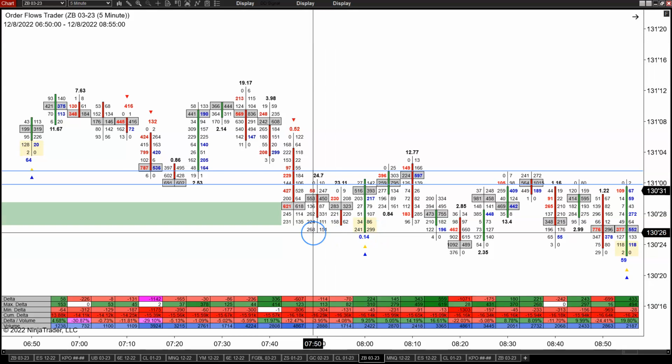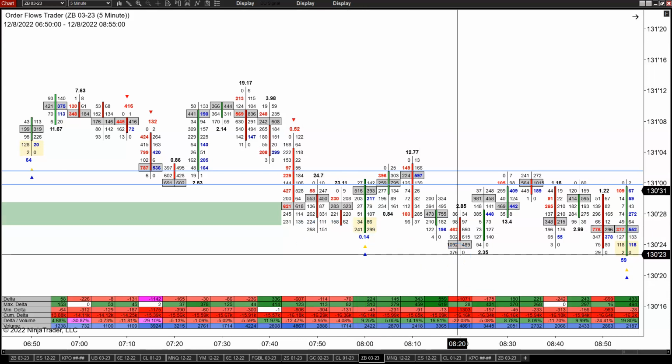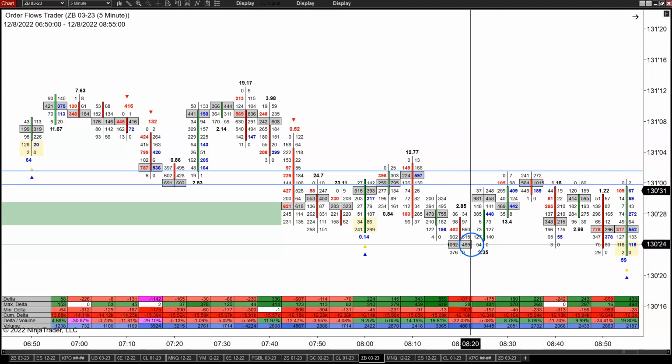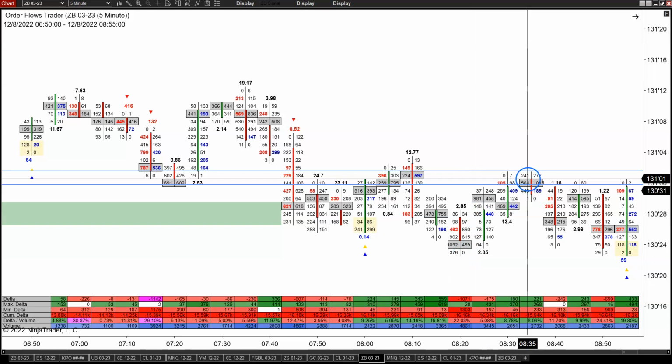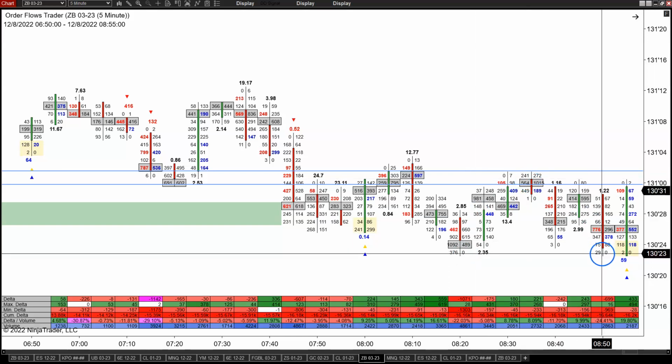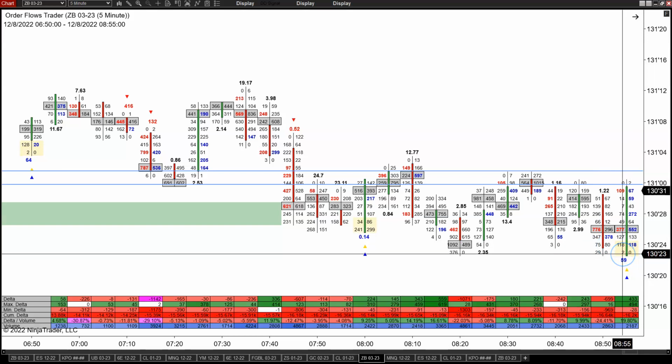So you see, even though it was 268 to 241, it really wasn't that big of a drop off. But down here it was 376, and then 29, and then 2. So the first time you hit that low, it's 376 traded. Market went up to resistance, came back down. It traded 29. Then over the next bar, it traded 2.